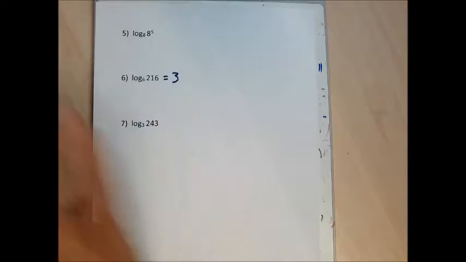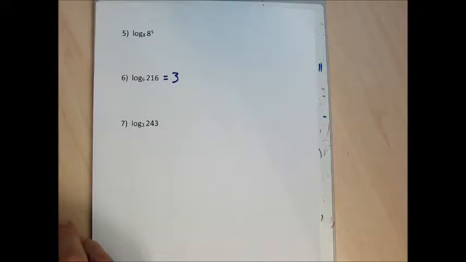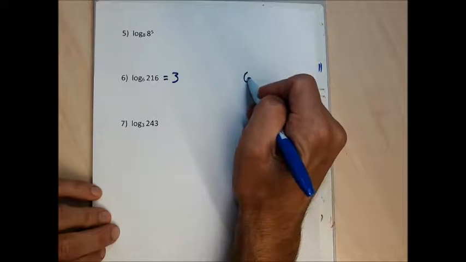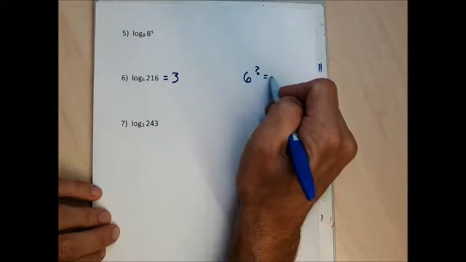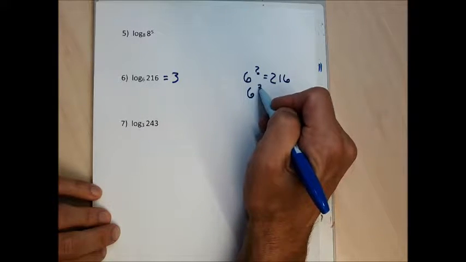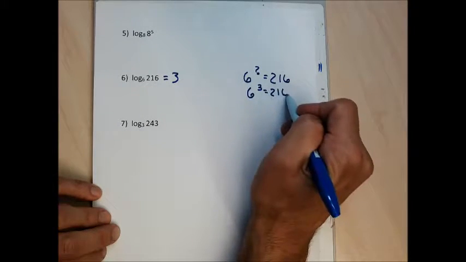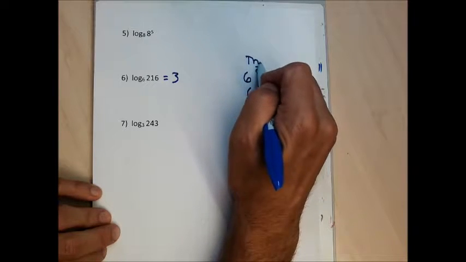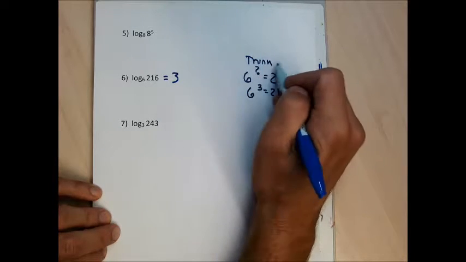For instance, if I was doing problem 6, I would just write down 3 and I would be done. Because in my head, I realize that this asks the question, 6 to what power is 216? And I know in my head that 6 to the 3rd power is 216. So this is what I think, but I don't write.